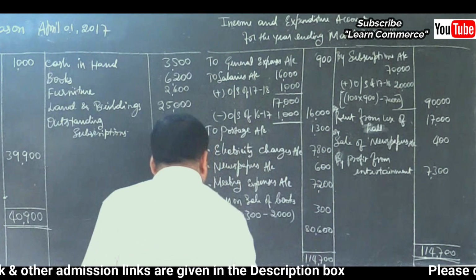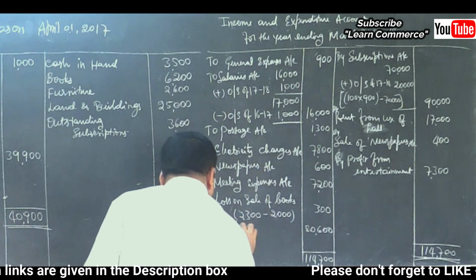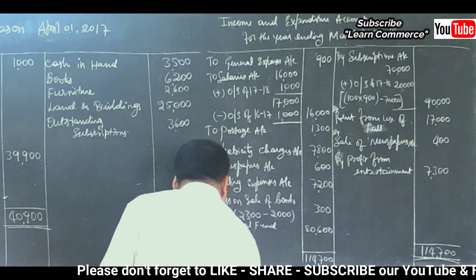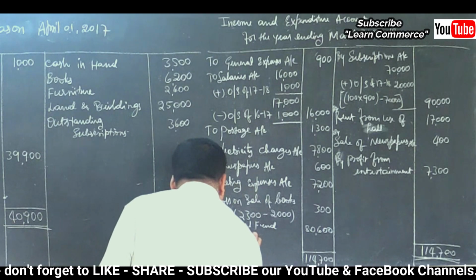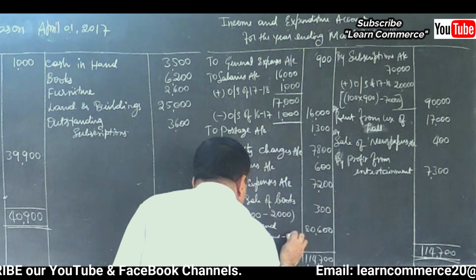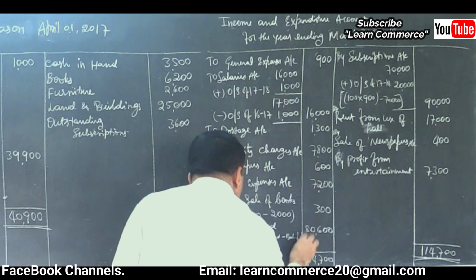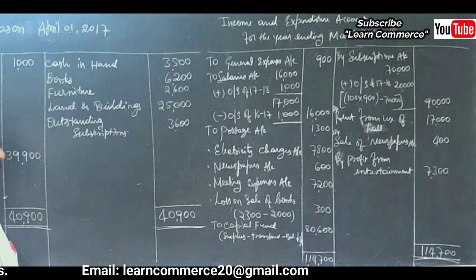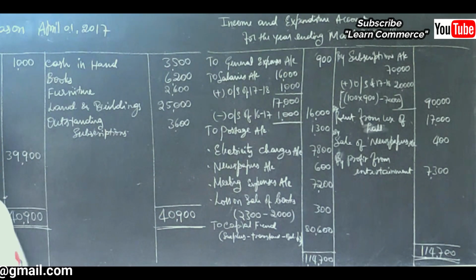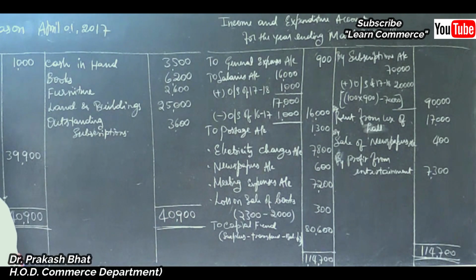That is to capital fund, surplus transferred, balancing figure. The other name for surplus is excess of income over expenditure.